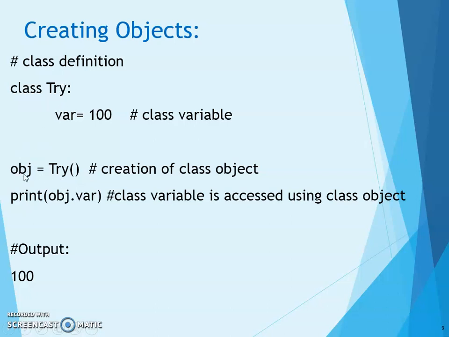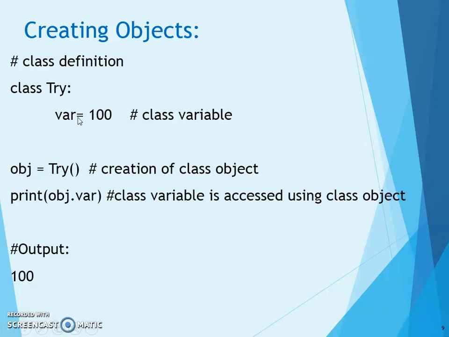Once we have created the object, now we can access this variable. How to access this variable? By using the dot operator. For example, we want to print this data, then we can write print in round brackets. Instead of writing only var, now we can access this variable through the object of a class.